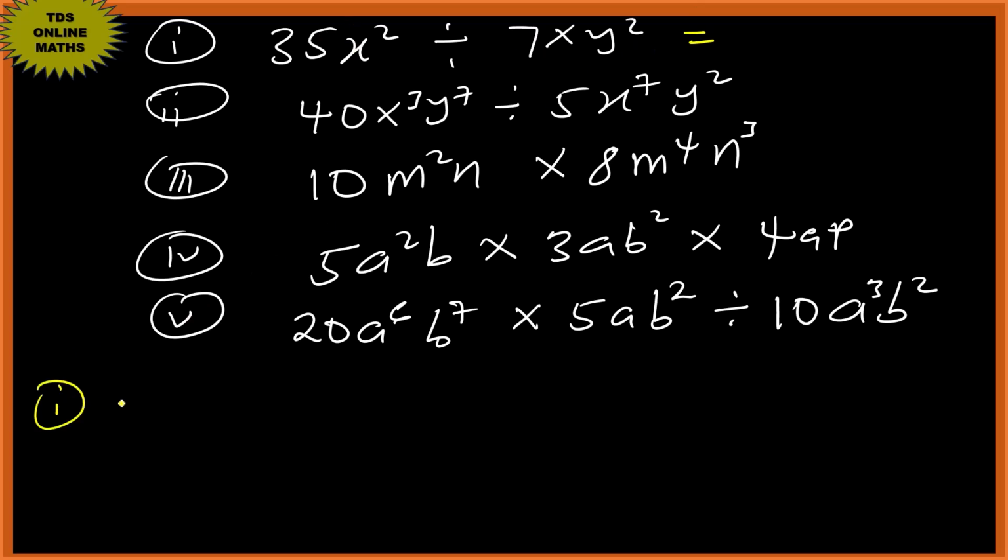So it will be 35x squared on xy squared. So 7 to 35, we have 5 times 7, 5, 35. So x will cancel one of the x's.